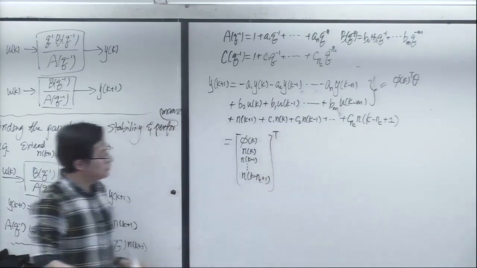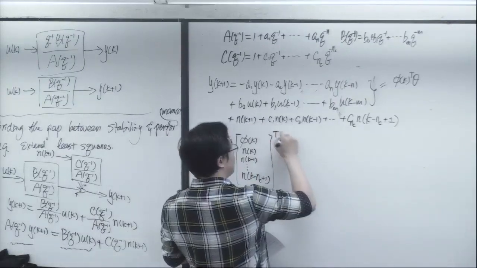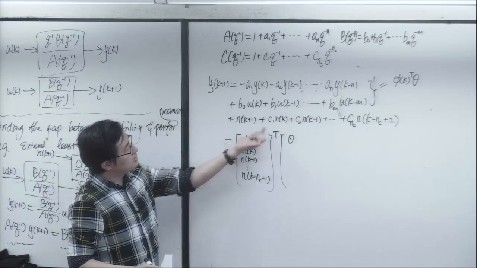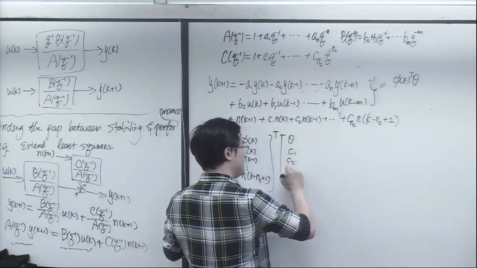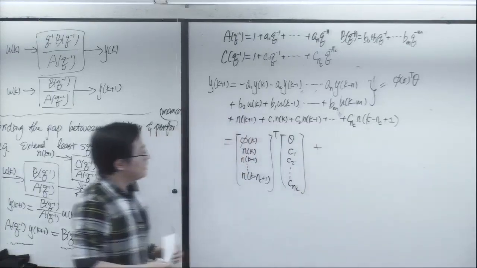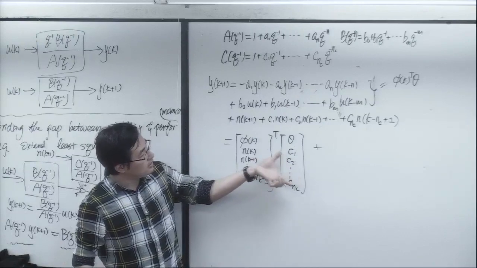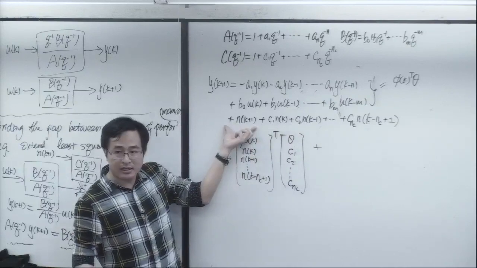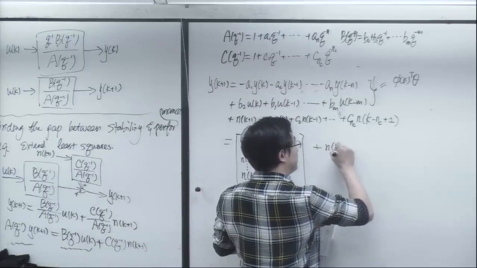This new regressor vector containing this data times theta, and then adding these unknown parameters C1, C2, up to C N C. Okay? Here is only counting the unknown parameters C1 to C N C. There's one element that I intentionally left out, which is n k plus 1.